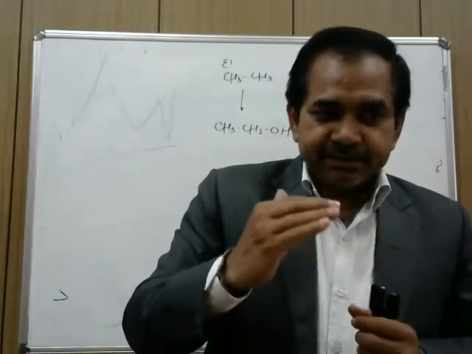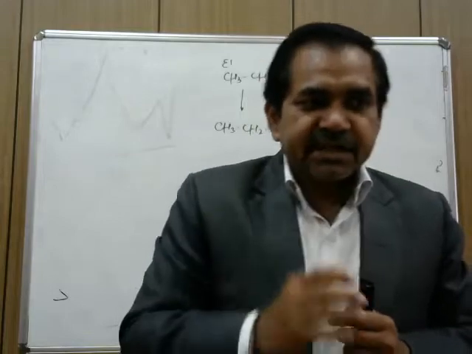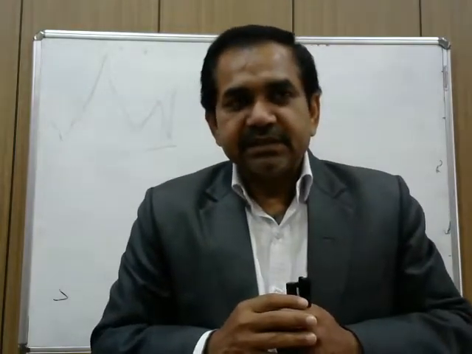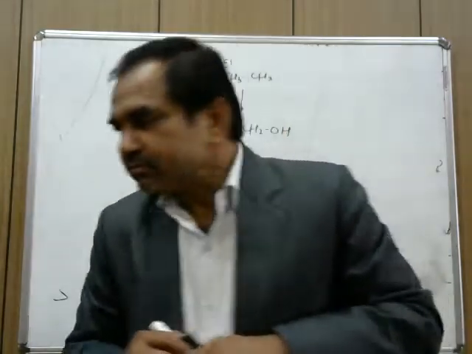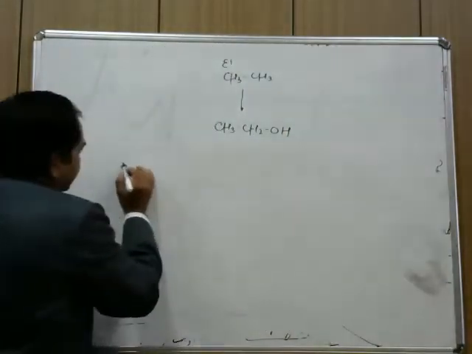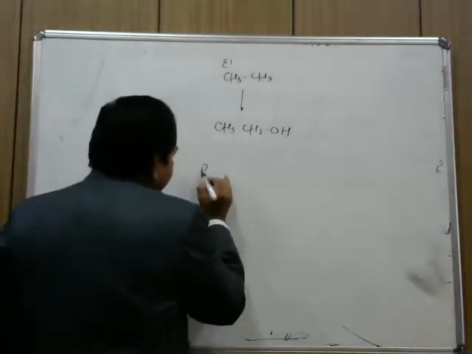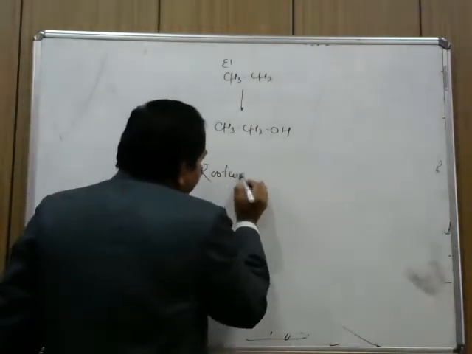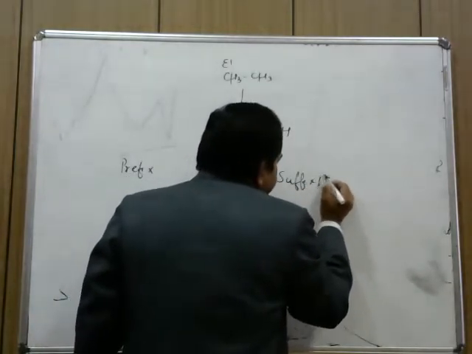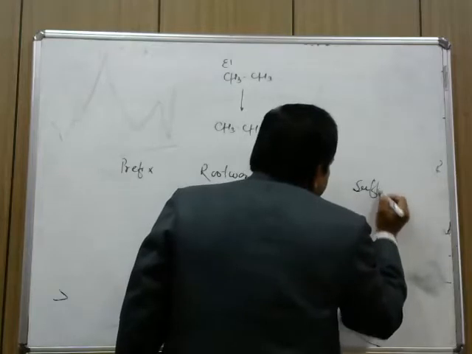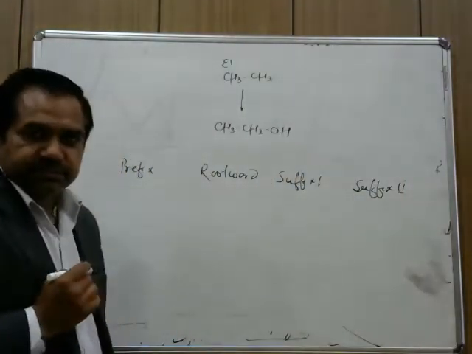Then I had told you the various components of an IUPAC name: prefix, root word, suffix 1 and suffix 2.